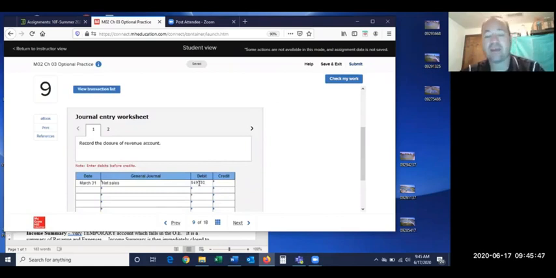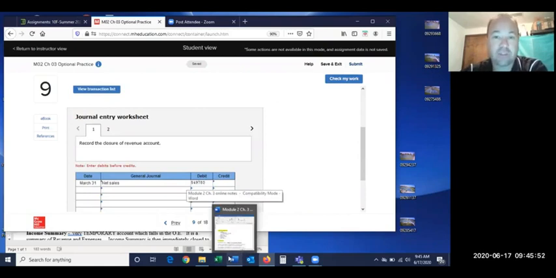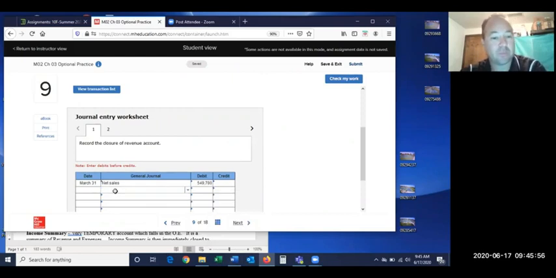We have to know that that is a credit balance. And if you open up your T accounts, you can be refreshed that, oh yeah, revenues have a credit balance. And then we need to credit our income summary for the 549,780. And then we go on to part 2.